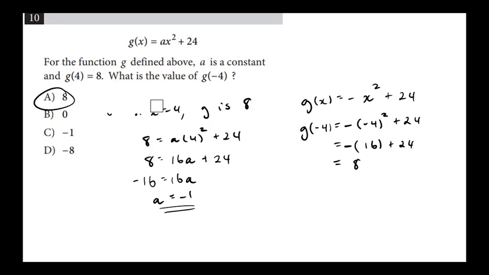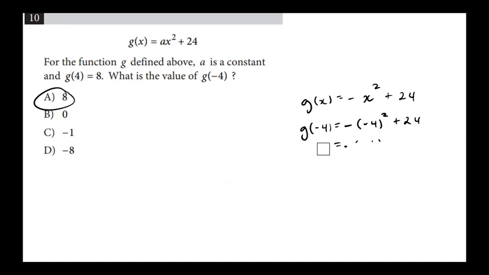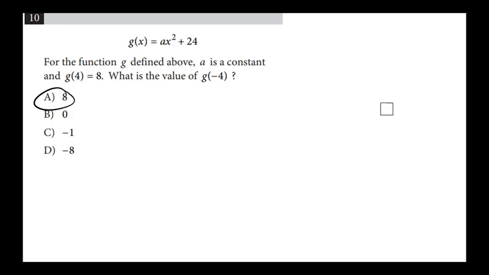Alternatively, if you've solved for a being minus 1, essentially, if you know quadratics, this is just a quadratic, which has a negative frowny face shape, and it's shifted up by 24. So it's got something like that, all right?